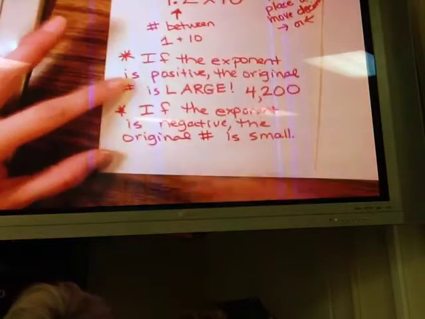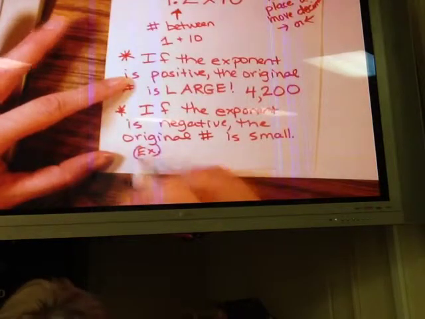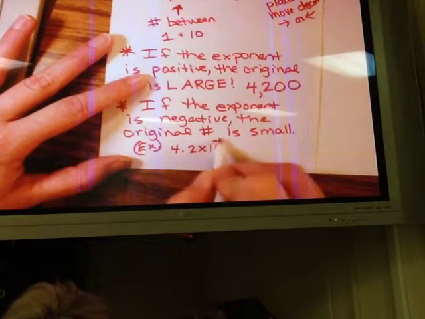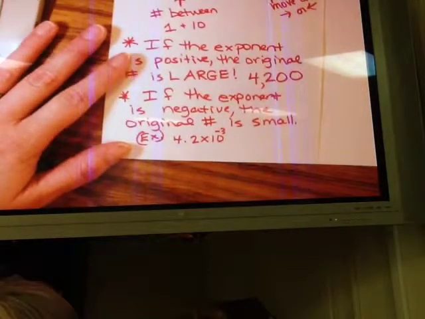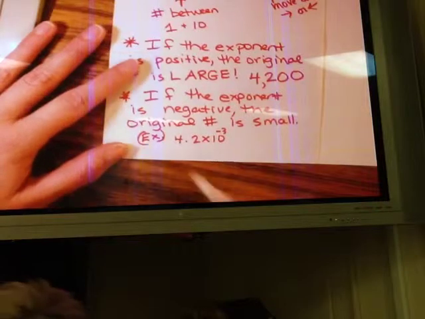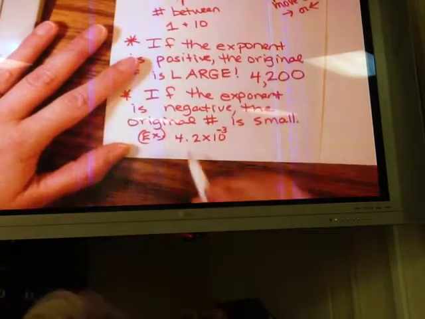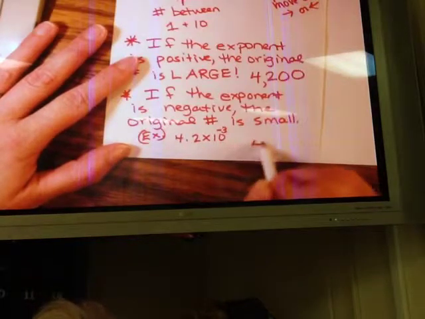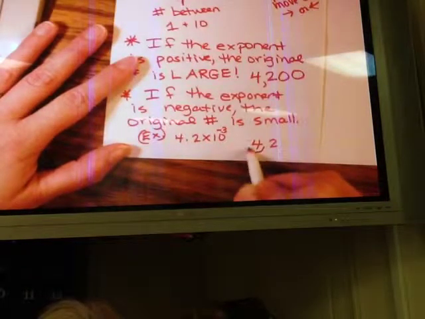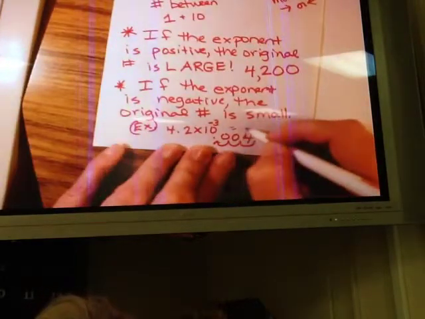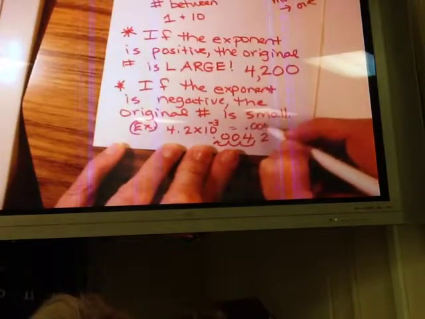For example, if my above problem had been 4.2 times 10 to the negative third, I'm going to move my decimal to the left 3 spots, because of the 3. Let me write it right here and move it 3 spots. 1, 2, 3. Put a decimal. So it would end up being decimal 0042.